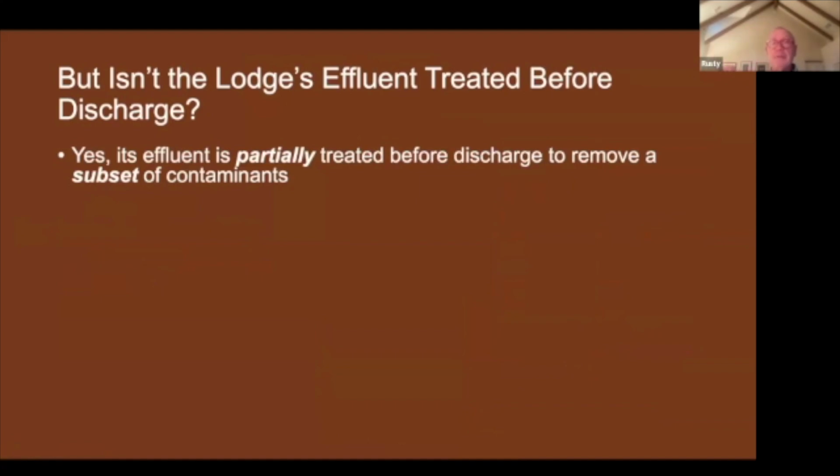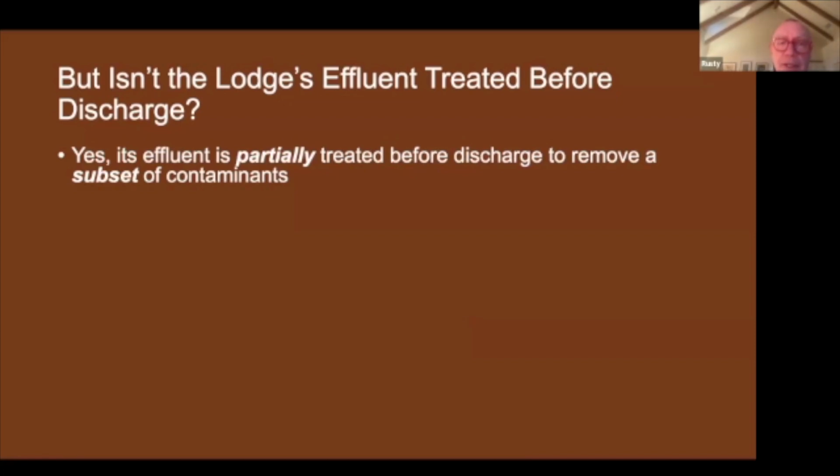But wait, what am I worried about? Isn't the lodge's effluent treated before discharge? I mean, come on. As I think one bureaucrat at NMED said, this treatment plant is like a Ferrari. We should be thankful they're doing this.